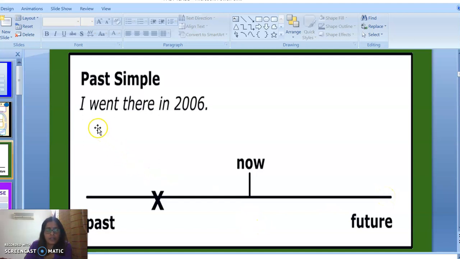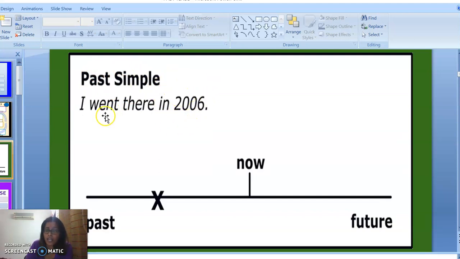So here is one example. I went there in 2006. So I is the subject here, and the verb form used here is verb 2 of the base form of the verb. And what is the base form of the verb here? Go. So go has become went here, since we are talking about a past action. We are talking about a completed action, and that action got completed in 2006.